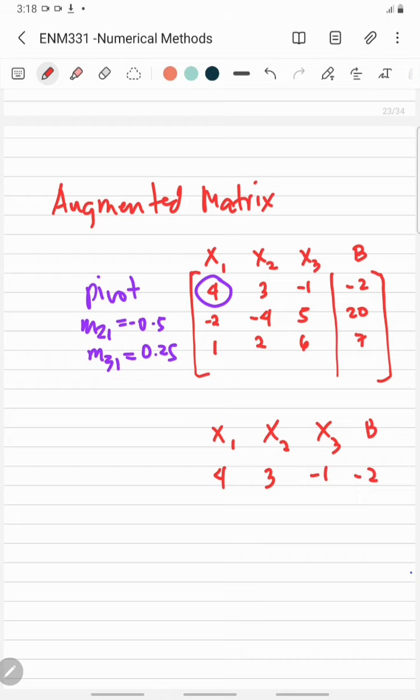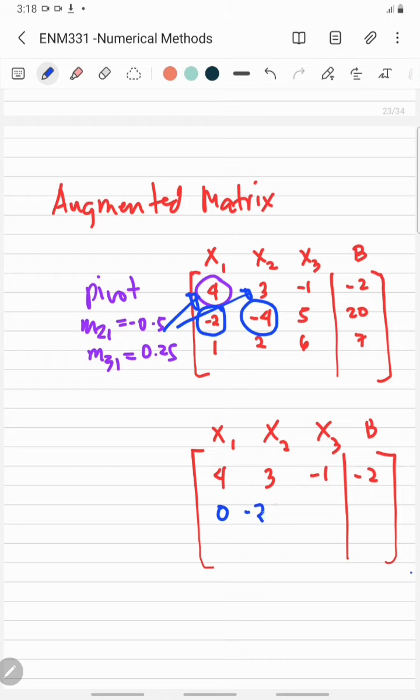Which is equal to 4. Then for the second row, we have negative 2 minus negative 0.5 times 4, which is equal to 0. Then we have negative 4 minus negative 0.5 times 3, which is equal to negative 2.5.